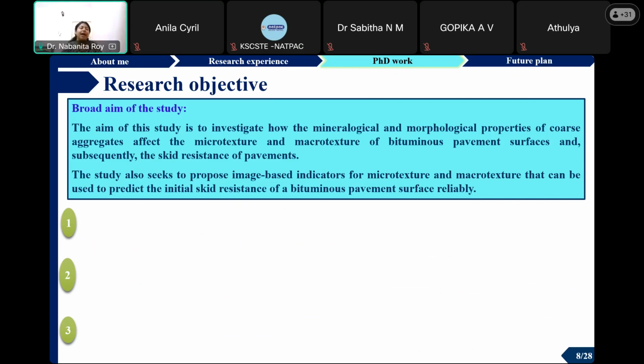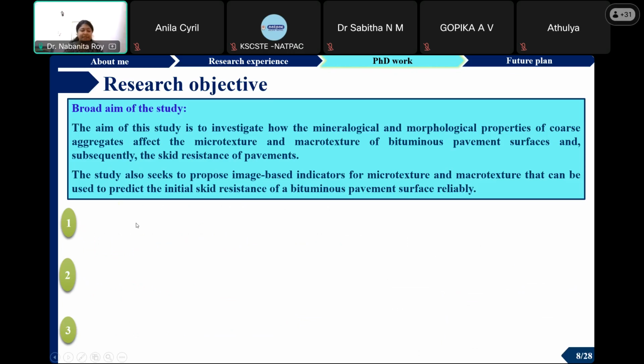This study also proposed image-based indicators, because it is not always easy to get the microtexture and macrotexture properties, as they need very high-tech equipment.